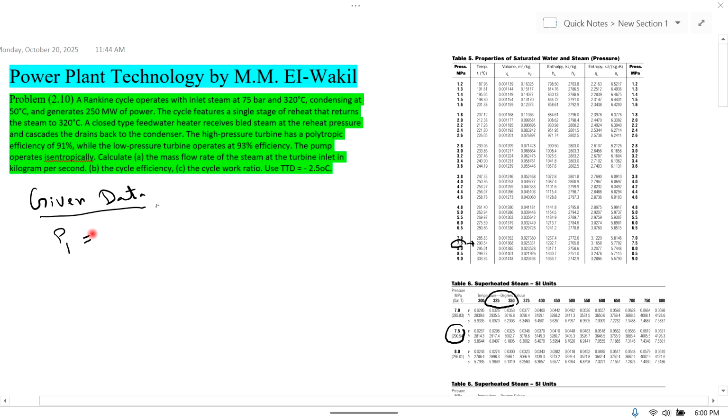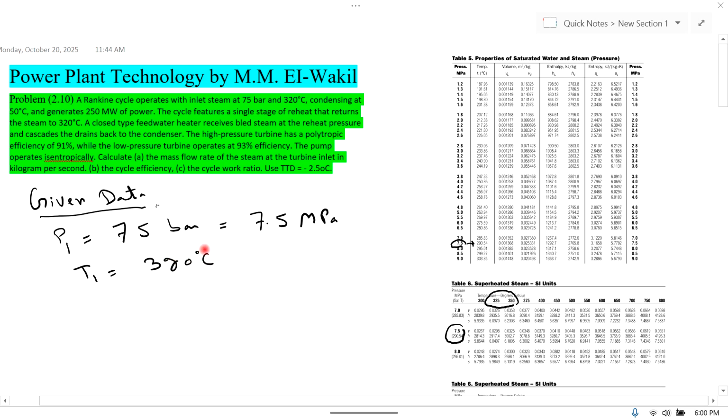Initial pressure, entrance to the turbine, inlet steam, meaning the exit of the boiler and inlet of the turbine, is 75 bar, and 75 bar is equal to 7.5 megapascal. If you convert bar into megapascal, divide it by 10. Temperature T1 is equal to 320 degrees centigrade.